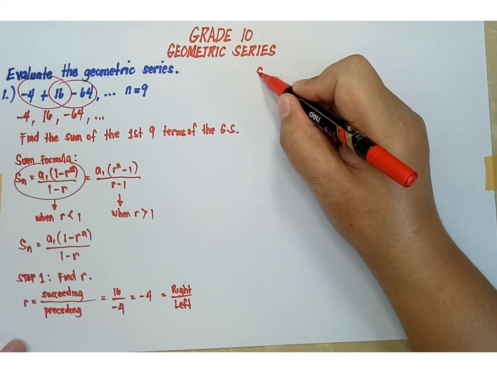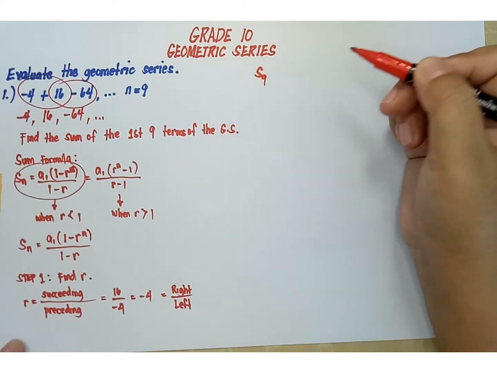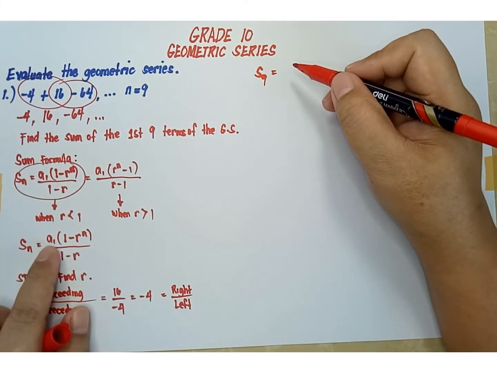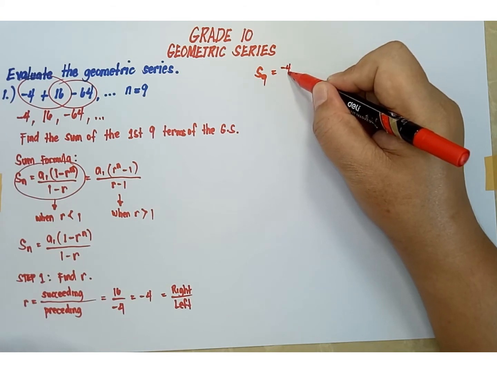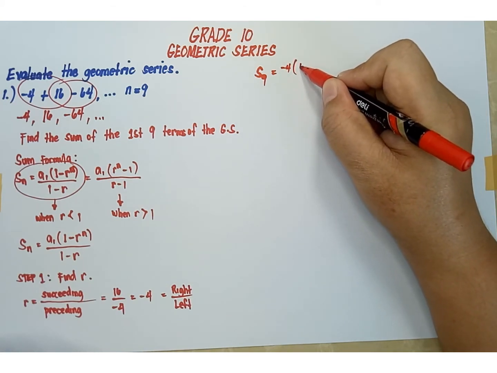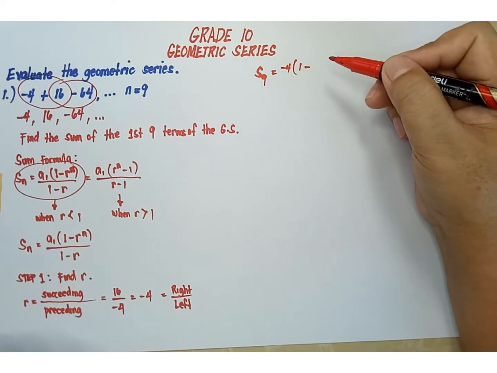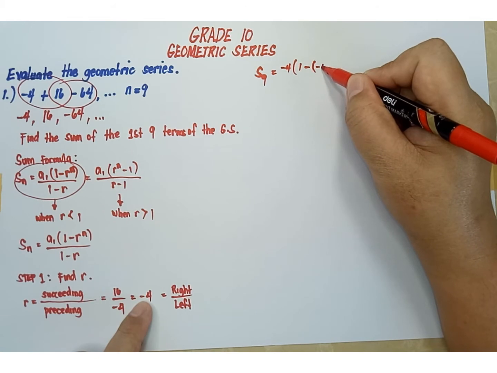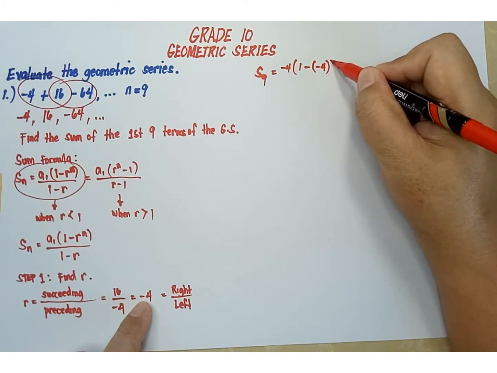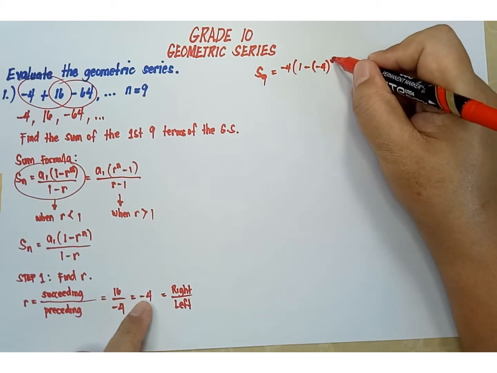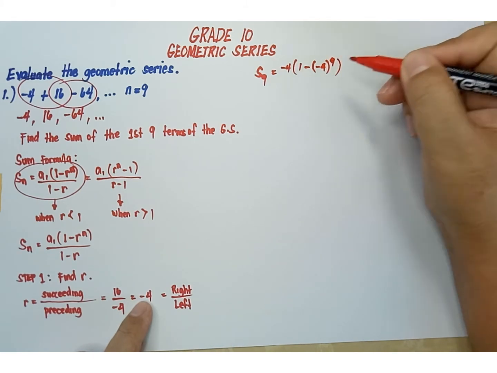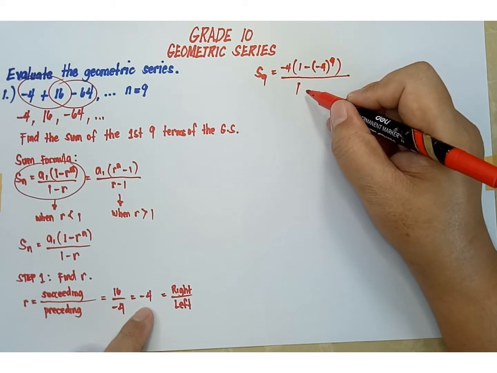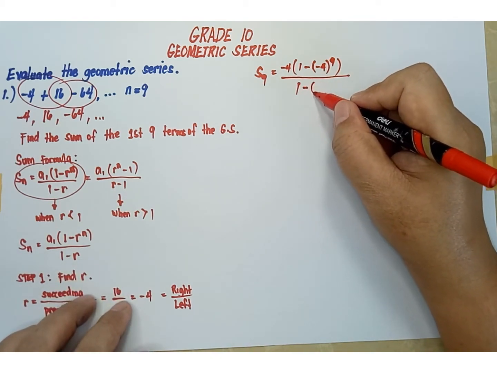So, that is S sub 9 equals first term, negative 4, times the quantity 1 minus R is negative 4. Negative 4 raised to N. Yan. It's enclosed. All over 1 minus R.